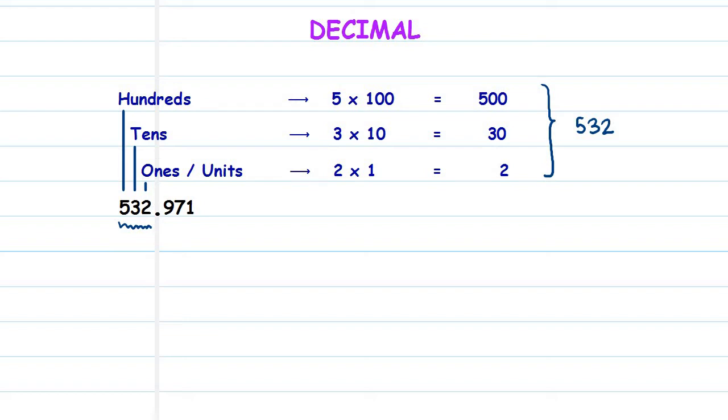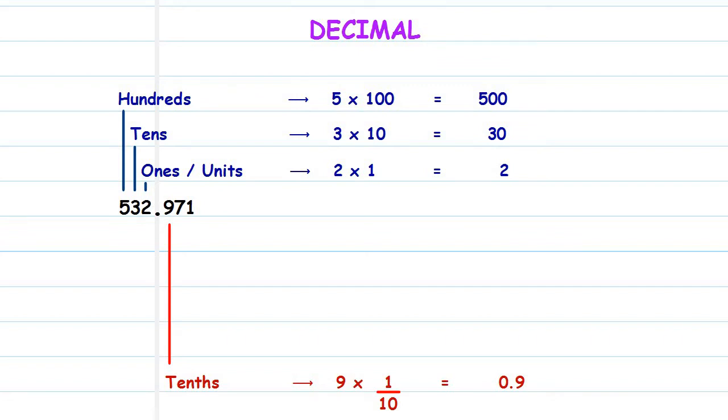Now let's take a look at the other part, the decimal part. For this part, we also have a unique name for each position. This is the tenths position or tenths digit, and the value of 9 here is 9 times 1/10, which is equal to 0.9. The next position is called hundredths or hundredths digit, and the value of 7 here is 7 times 1 over 100, which is equal to 0.07.